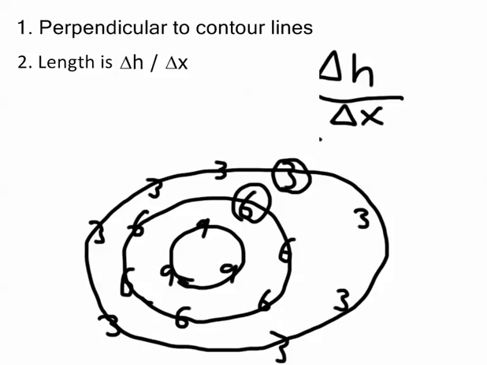So what will these arrows look like? Well, it seems like the arrows should go in this direction, right? They should go out. And it looks like delta H between these two contour lines is 3. It goes from 6 to 3, 6 to 3. So delta H is always 3.